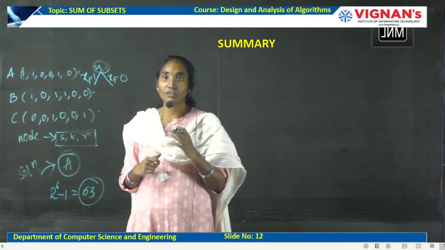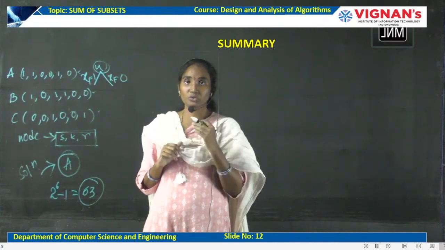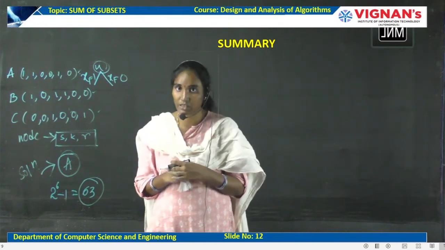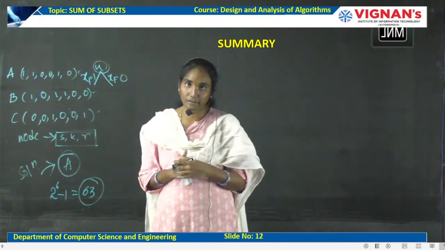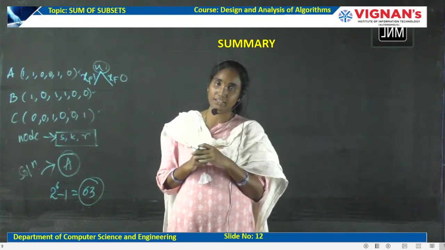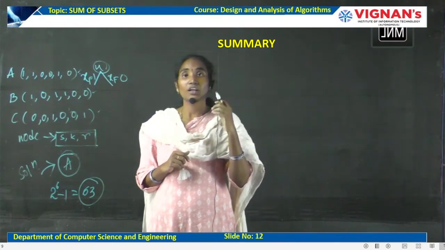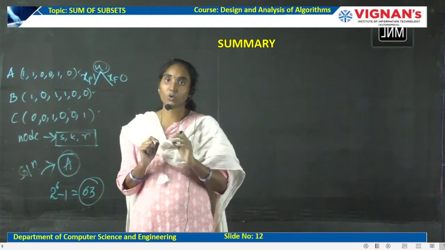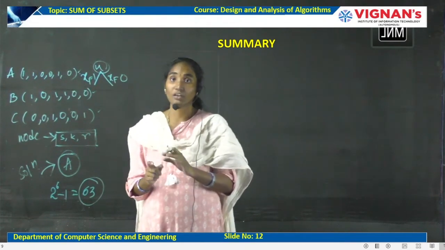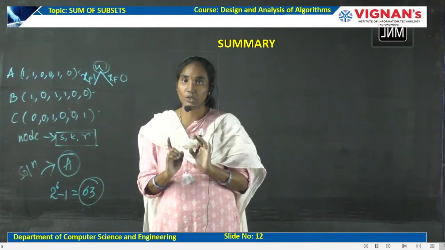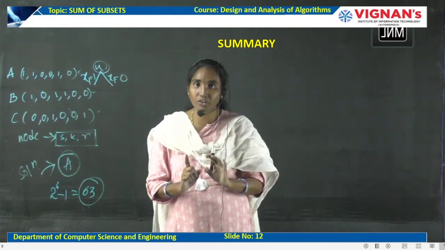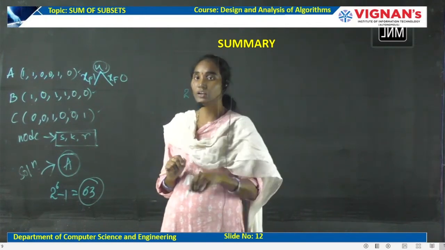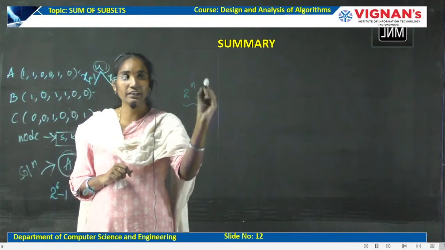Now to generate that we are utilizing an algorithm, and in that algorithm we have 3 values s, k, r. By using that we are generating the corresponding nodes in the state space tree, and here we are only showing a portion of the state space tree because I cannot generate the full state space tree, because the full state space tree will have 2 to the power of n minus 1 nodes.